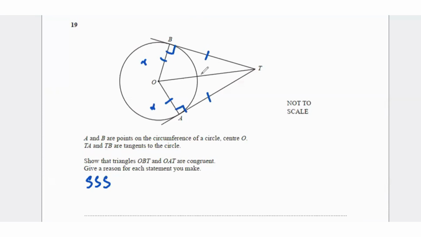It's going to be the reflexive property. So we can use side, side, side. We can also use side, angle, side, because this side is equal, the angle between is equal, and this side is also equal. You could use either of them, and that would be correct.